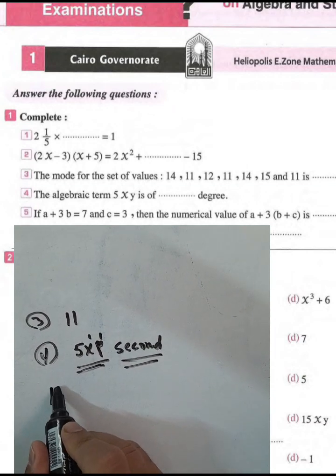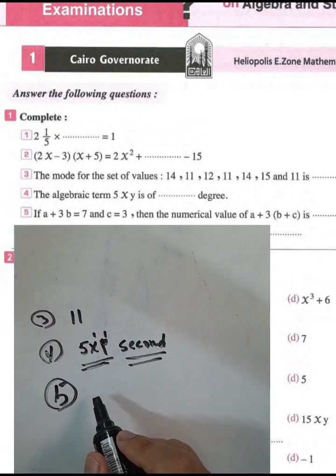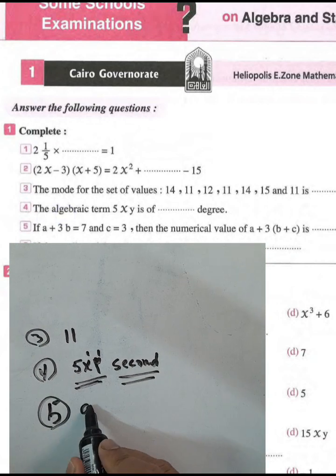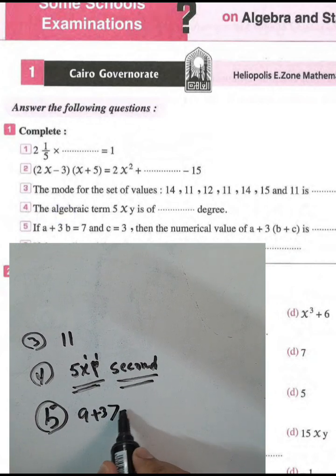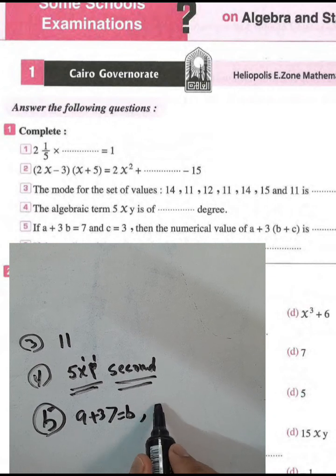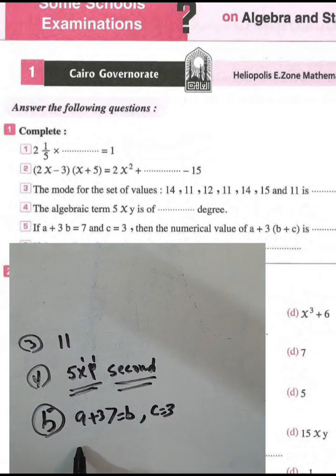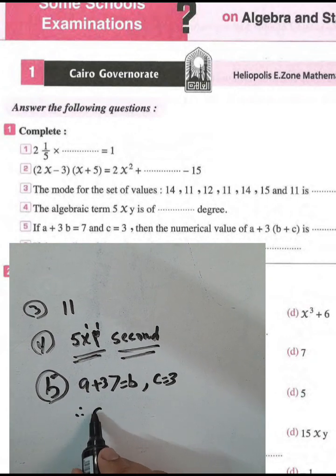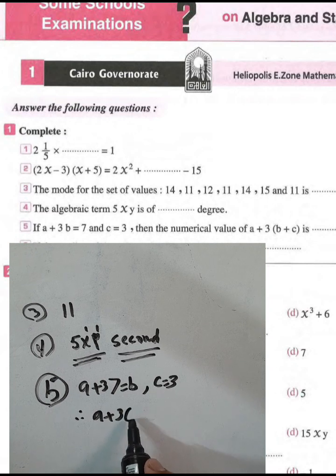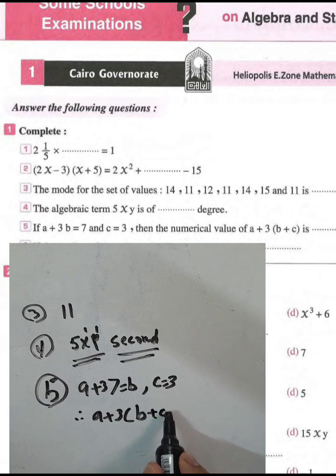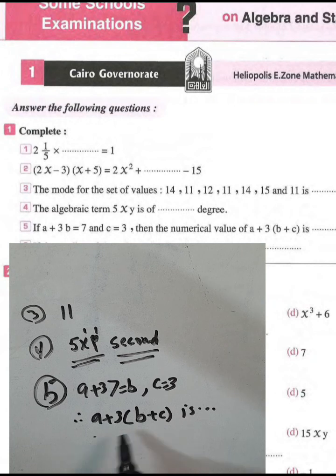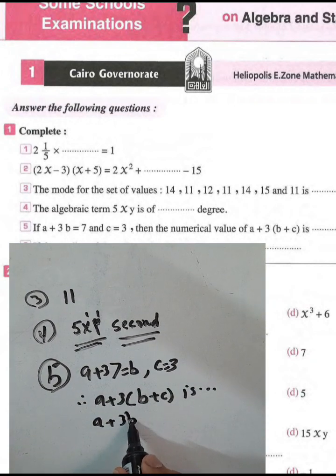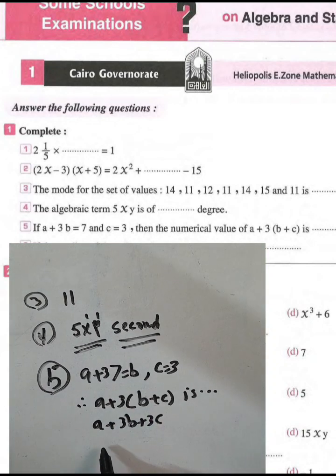Question number 5. If a plus 3b equals 7 and c equals 3, then the numerical value of the expression a plus 3 multiplied by b plus c is space. First, we must write a here and use the distributive property on this expression. 3 times b will be 3b, and 3 times c will be 3c.